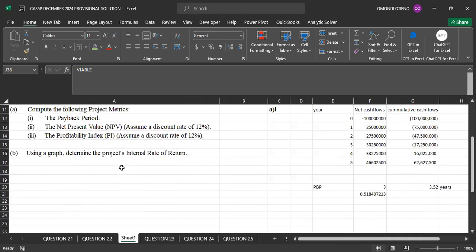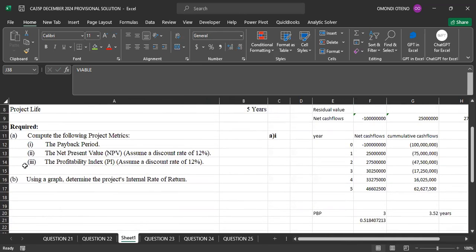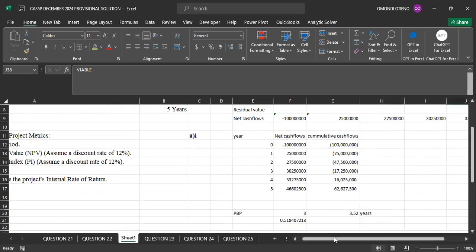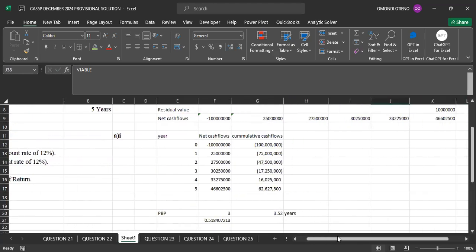Let's go to the next part of the question. That is Roman 3. The profitability index assuming a discount rate of this one here. So how do we get profitability index?